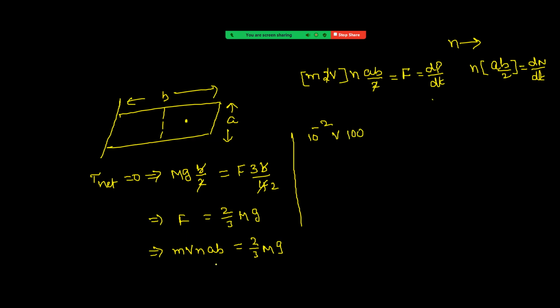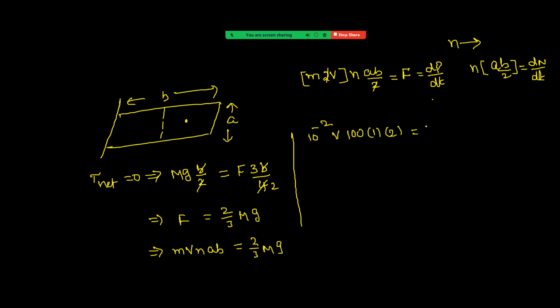A value we can say is 1, and B value 2. Let me cross check once. m value 10 power minus 2 kg. We have to calculate V. N value 100, A value 1 and B value 2.